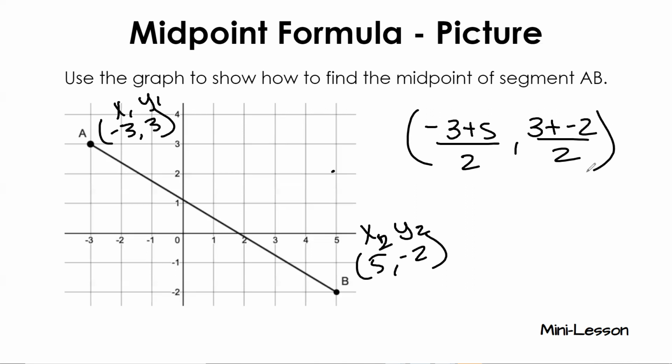Notice how I put these in parentheses because it is a point. It is a location. I don't know if Desmos will actually do this for you if you typed it in that way. But you can type this part in. So -3 plus 5. That gives us 2. 2 divided by 2 gives us 1. And then 3 plus -2 is 1. 1 divided by 2 is 1/2. So the midpoint is 1, 1/2 right here.